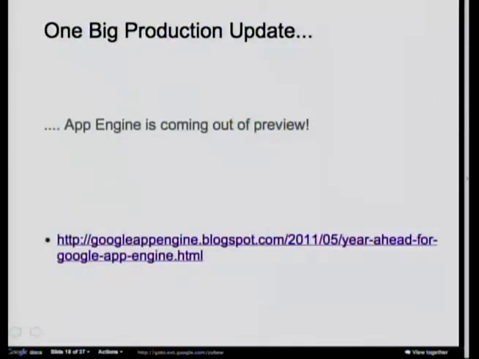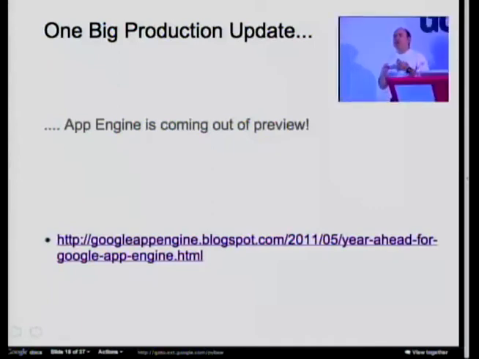Okay, and then of course this other important production update is that App Engine is coming out of preview. App Engine has been a beta product since 2008, and even though the growth has been very significant, it's still been a beta technology.